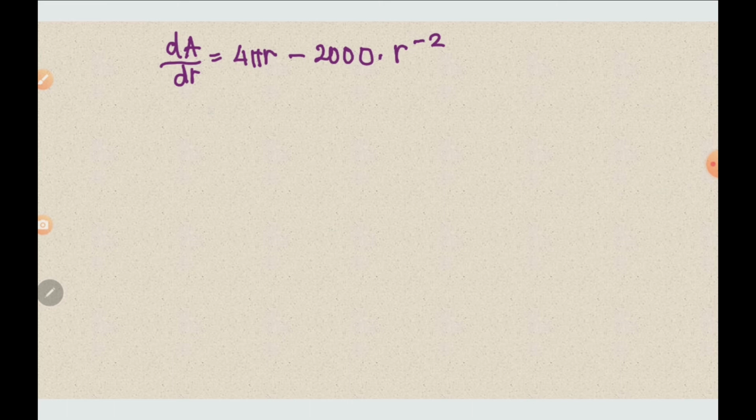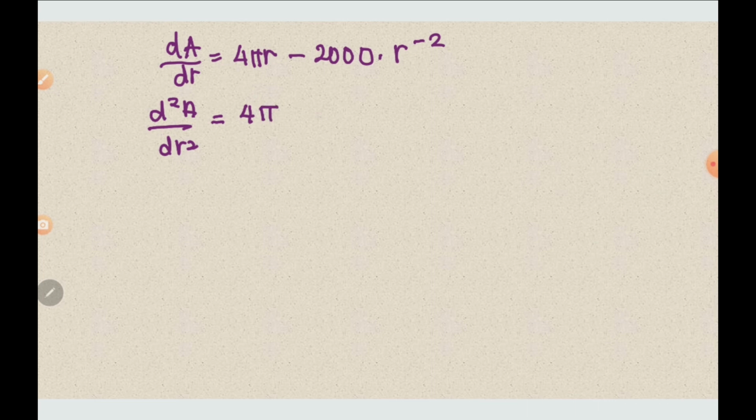Now we will do the second derivative, d squared A/dr squared, but I want to write first dA/dr is equal to 4 pi r minus 2000 multiplied with r to the power of negative 2. Therefore we differentiate for the second time. d squared A/dr squared is equal to 4 pi, since pi is a constant, so the answer is 4 pi.